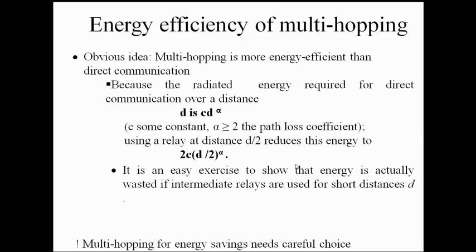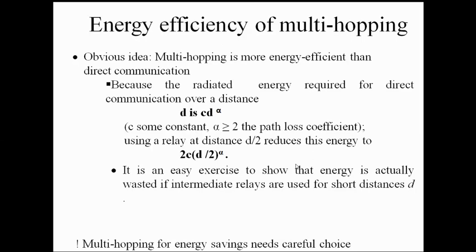I am talking about the radiated energy, not the overall energy. When we talk about radiated energy, if we get help from intermediate nodes, the required radiated energy will be less compared with direct communication. If it communicates directly, it will generate more, the maximum radiated energy.